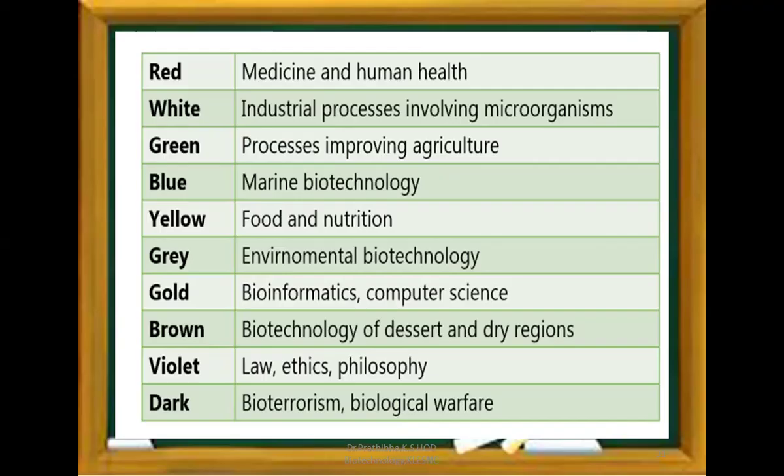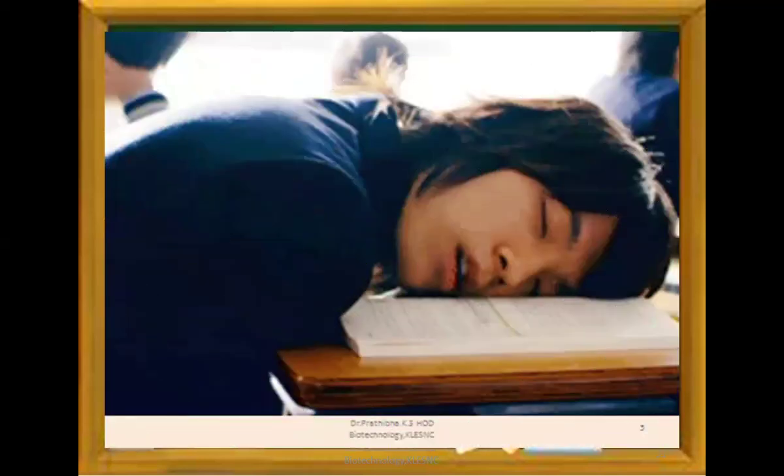Apart from that, you can also recall bioprocess engineering, genetic engineering, nanobiotechnology, forensic biotechnology, and environmental biotechnology. So these are different branches of biotechnology which focus on different areas. Whatever I explained now, don't just listen and sleep.